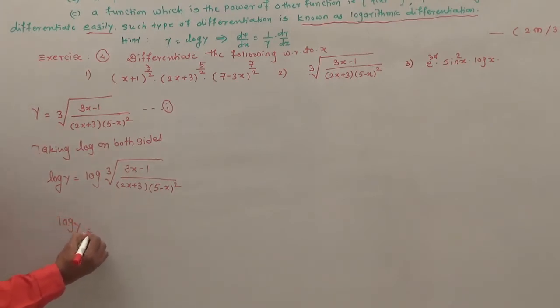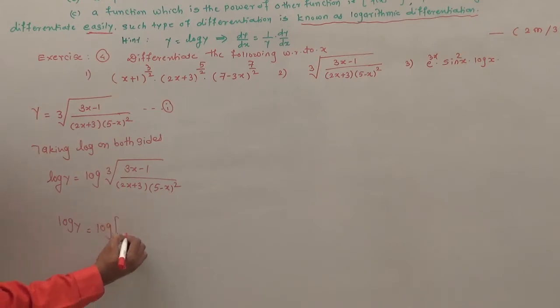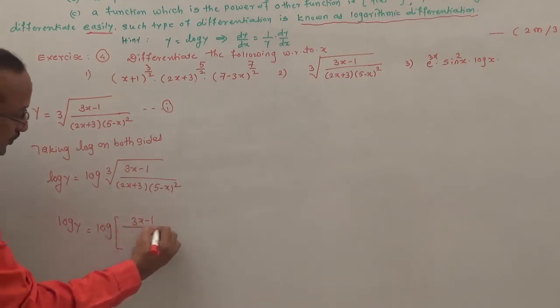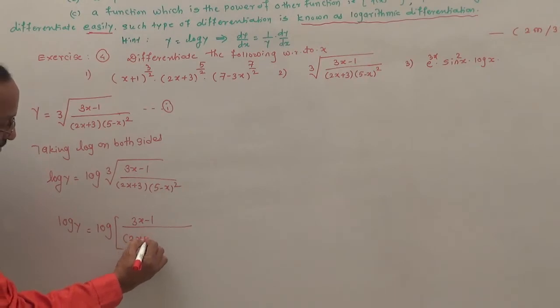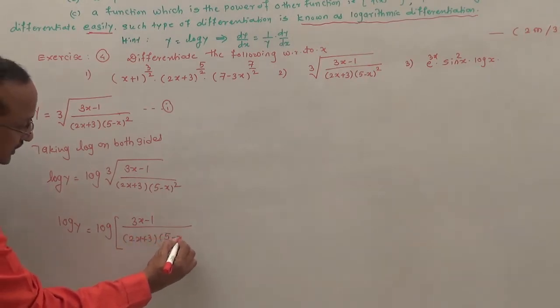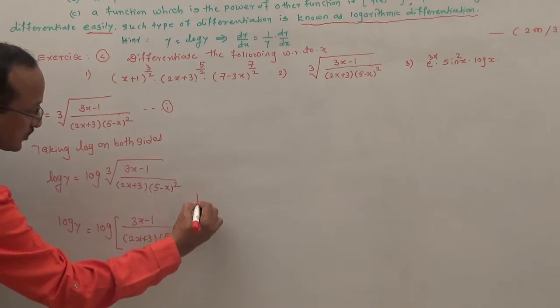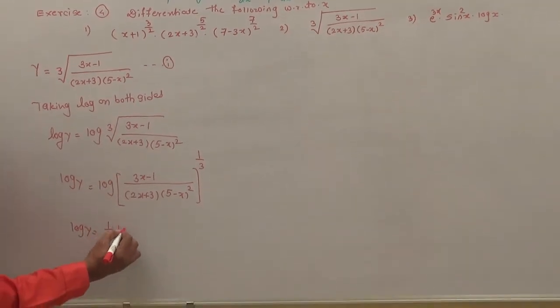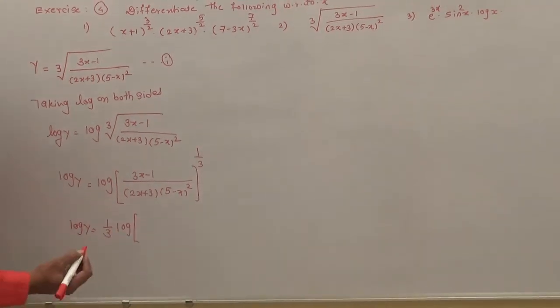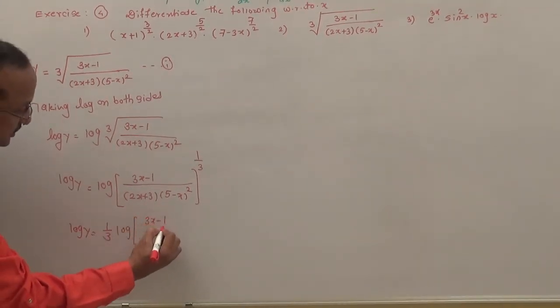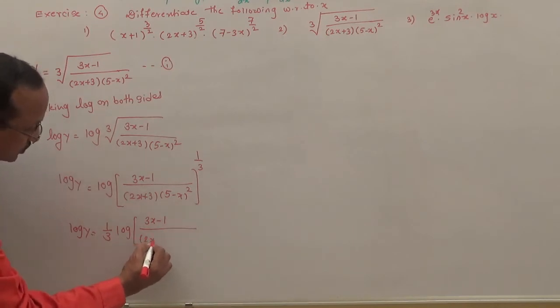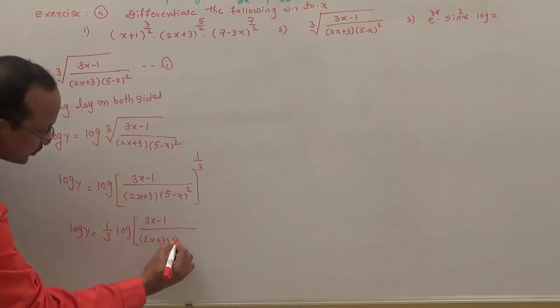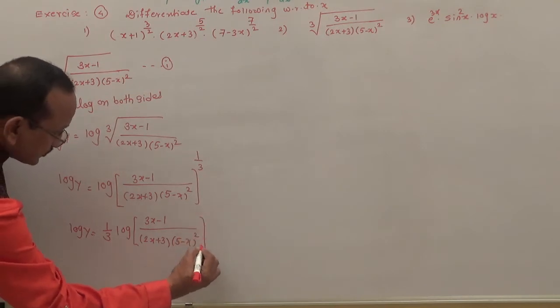Log y is equal to log of [(3x minus 1) upon (2x plus 3) (5 minus x) square] raised to power 1 by 3. Now I can apply the formula: log y is equal to 1 upon 3 times log of (3x minus 1) upon (2x plus 3) (5 minus x) square.